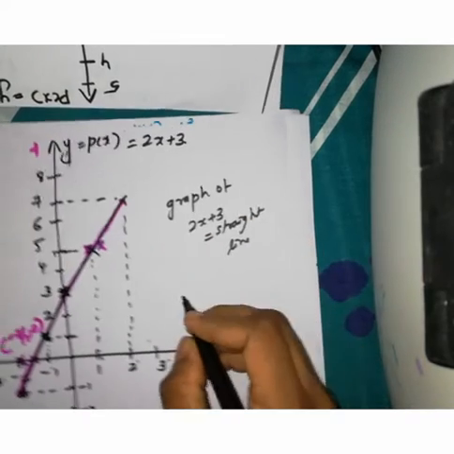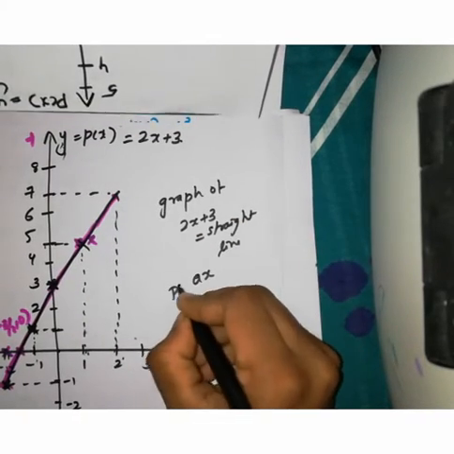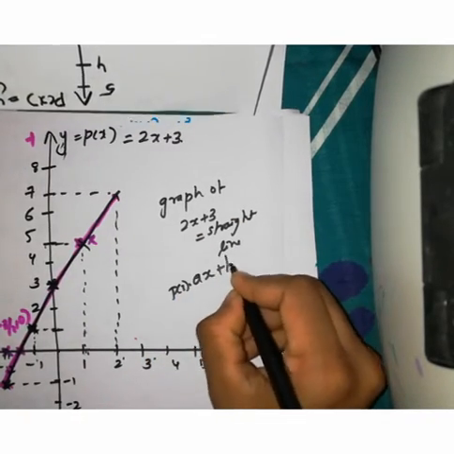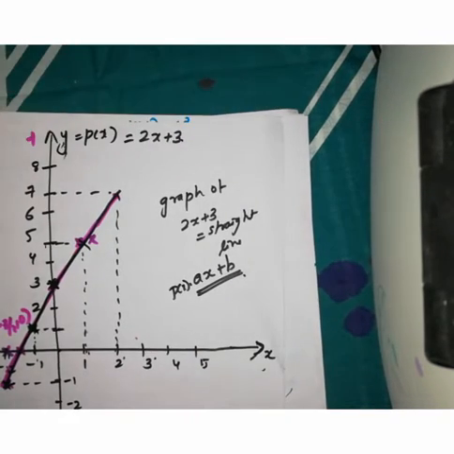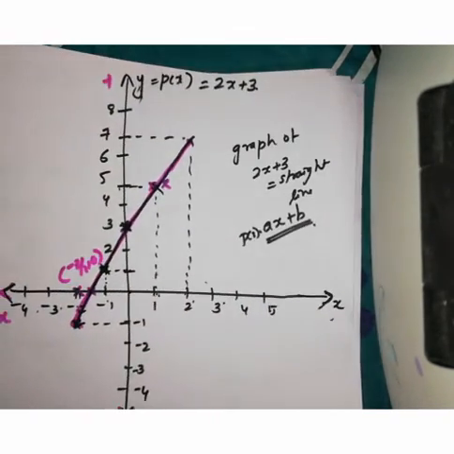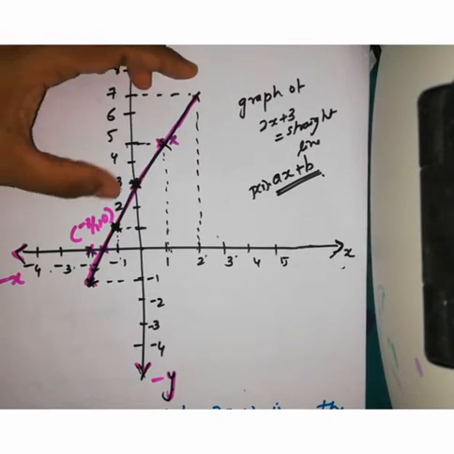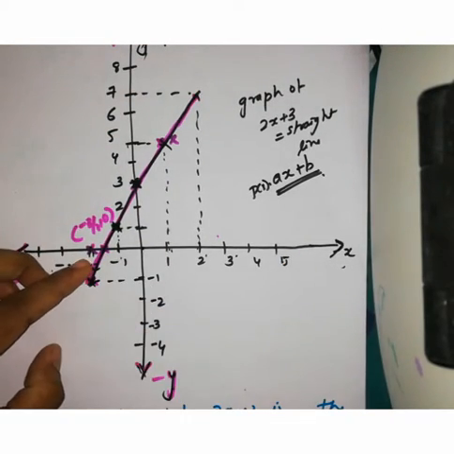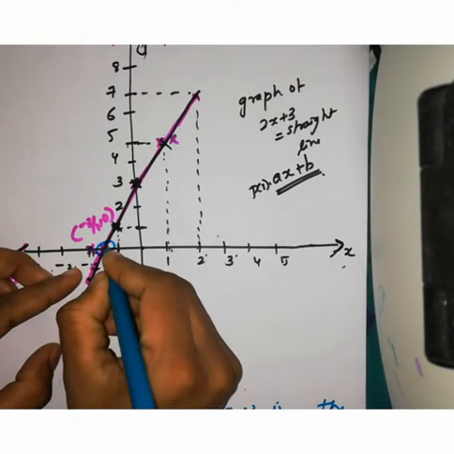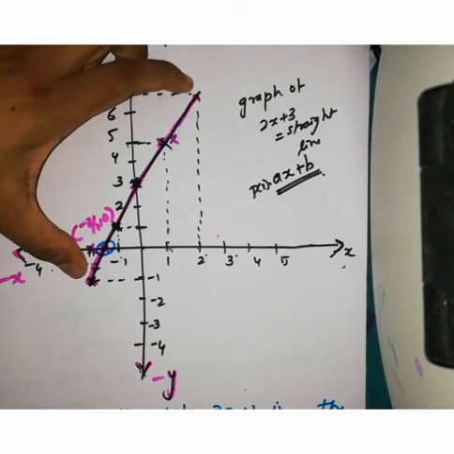Clear? That means the graph of any linear polynomial ax plus b is a straight line. From this we can see that this straight line cuts the x-axis at only one point.